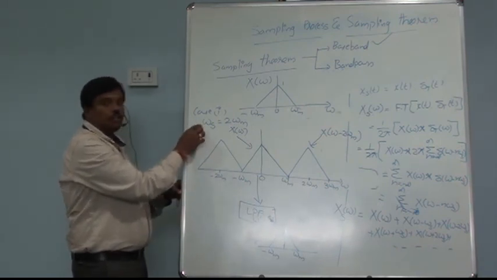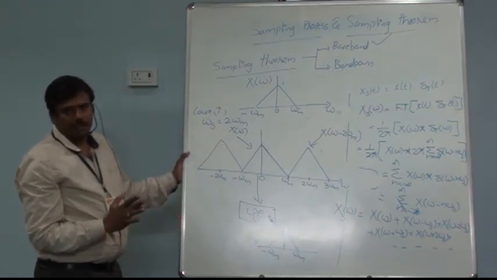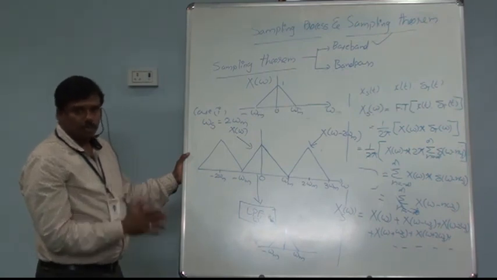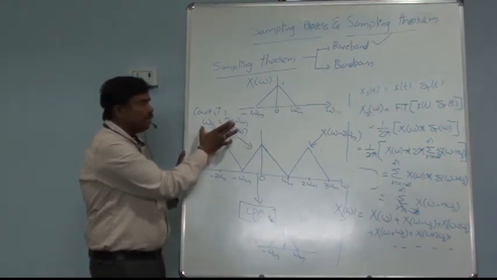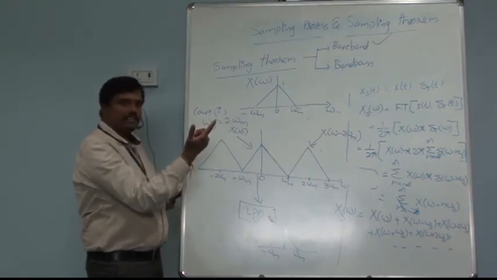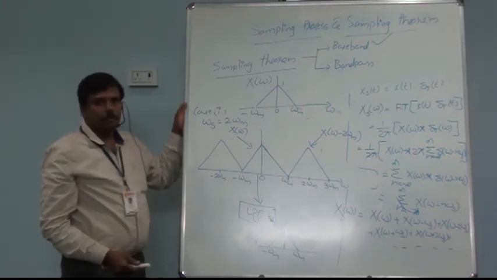If omega s is greater than 2 omega m, you require a normal low pass filter. So finally, we can reconstruct our original message signal if we follow the condition omega s equal to 2 omega m or omega s greater than 2 omega m. That is nothing but the sampling theorem.